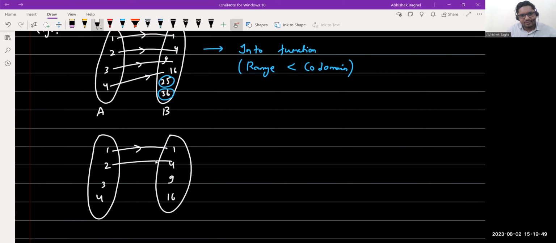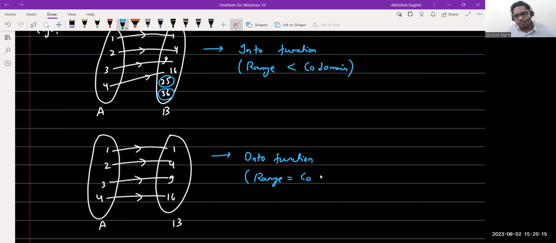You can see that in this function, all the elements of side B get related. Such types of functions are called onto functions, because all elements of side B get related to elements of side A. In an onto function, range is always equal to codomain, because all elements of side B get related.